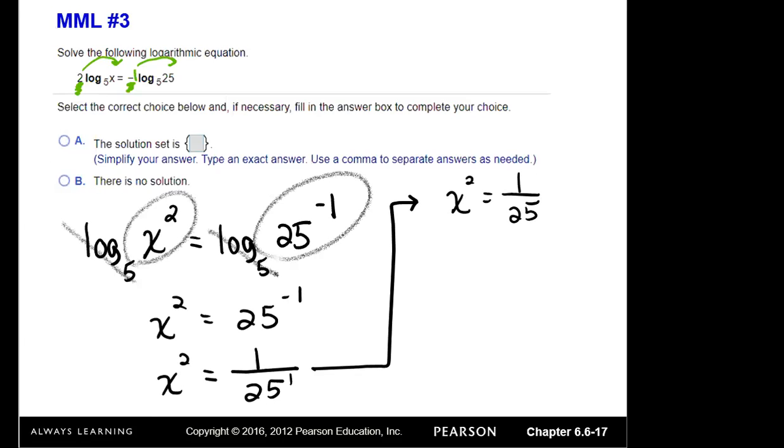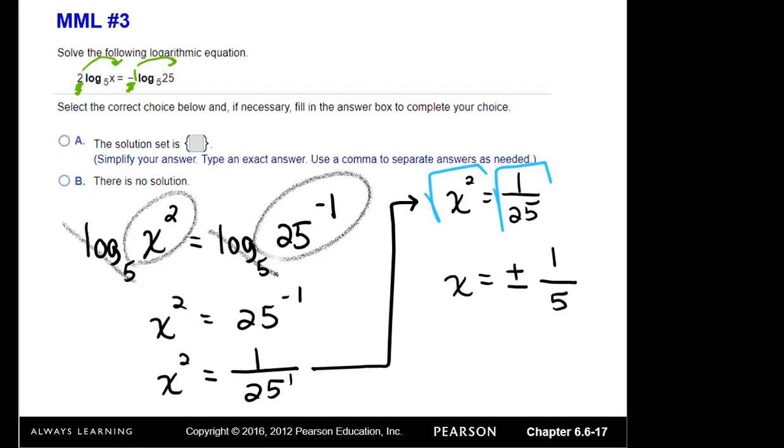And then I'm going to square root both sides. So I get an x over here, and technically it's a positive or a negative. The square root of 1 is 1. The square root of 25 is 5. So those are my two possible answers.